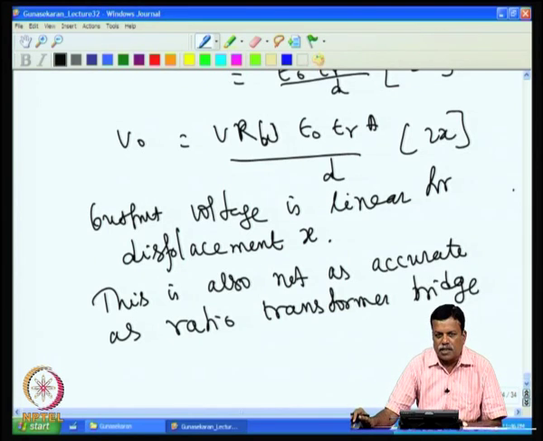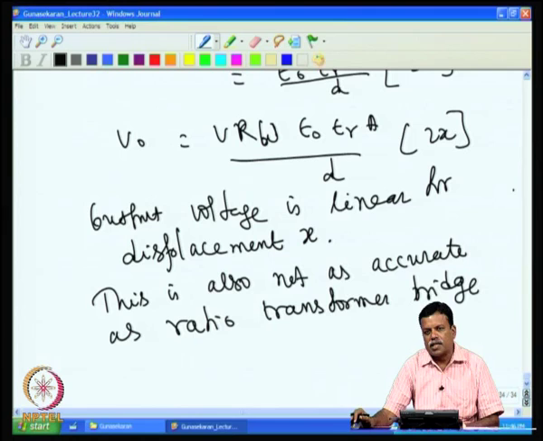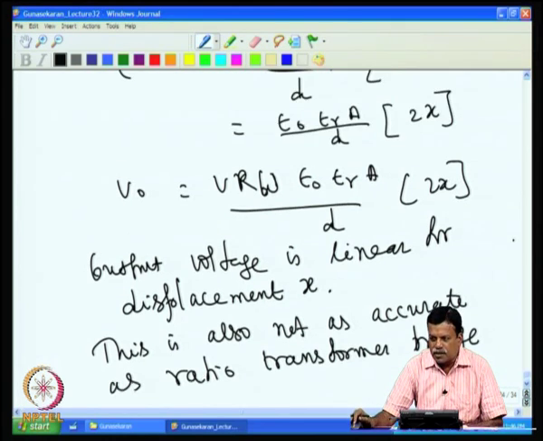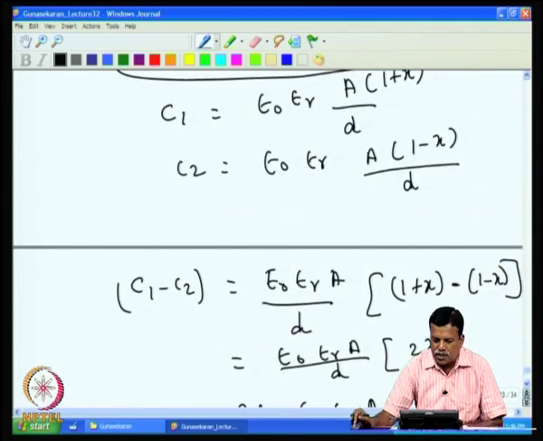Now, there is one other way of looking at this capacitance measurement: can we go for a null method instead of looking at V naught, and would the problem be solved if the output voltage is null?